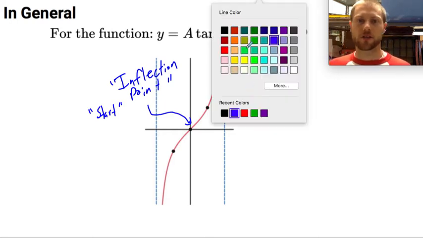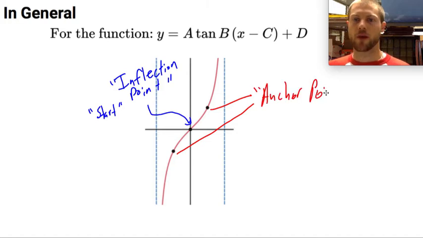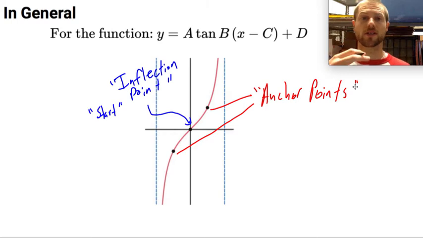A couple other things. I've labeled these next key values as, I call these my anchor points, because they're like the next value that I need to include inside of my graph. I'm not going to graph infinity or negative infinity. I'm going to put an asymptote here. So I can graph, just like before, I want to get 5 points per period, and that way I can get a good sense of what this looks like.